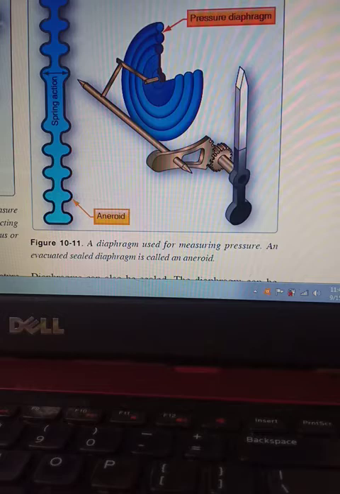So when pressure is introduced through an opening on one side of the disc, the entire disc expands. By placing a link in contact against the other side of the disc, the movement of the pressurized diaphragm can be transferred to a pointer that registers the movement against the scale of the instrument face.